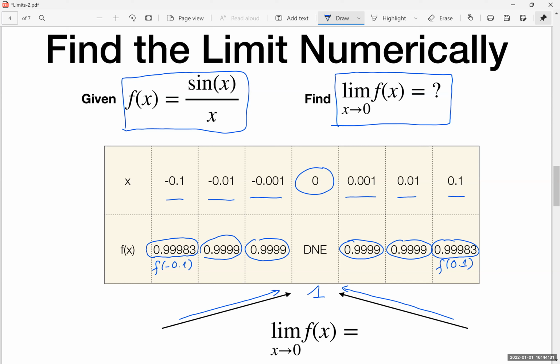So from the left side of 0, f of x goes to 0.9999, and from the right side of 0, f of x goes to 0.999. And as you keep going closer and closer to 0, the function value keeps going closer and closer to 1. That means the limit of f of x as x goes to 0 is 1.